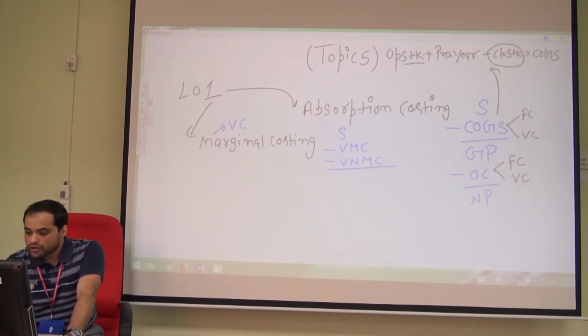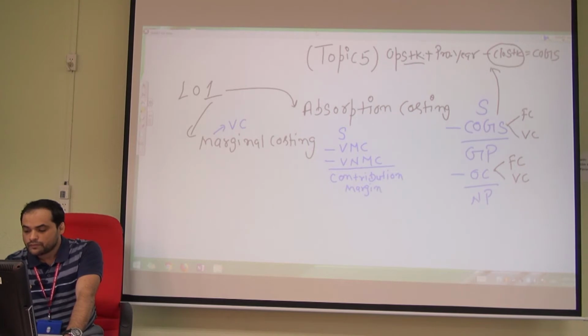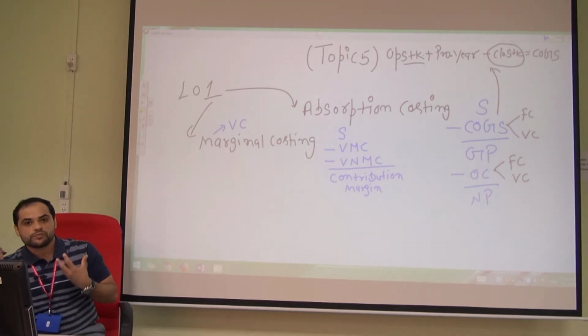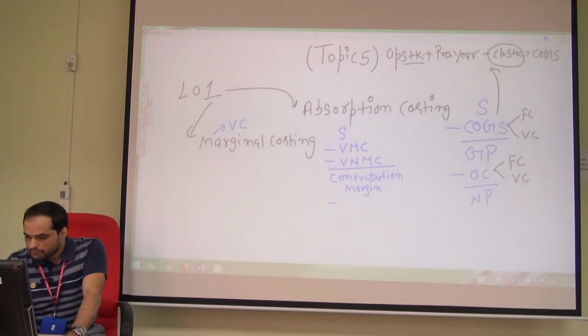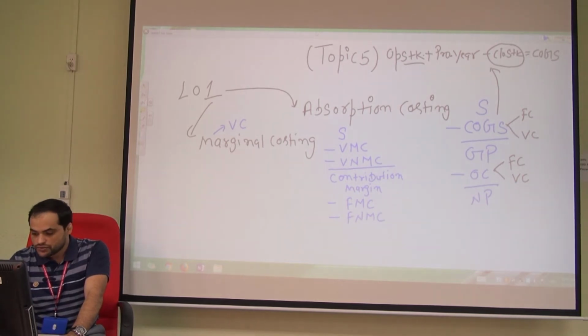Then we get contribution margin. Alright, so only variable costs contribute in order to estimate the product profitability. Then minus fixed manufacturing cost, minus fixed non-manufacturing cost. So here we get the net profit.